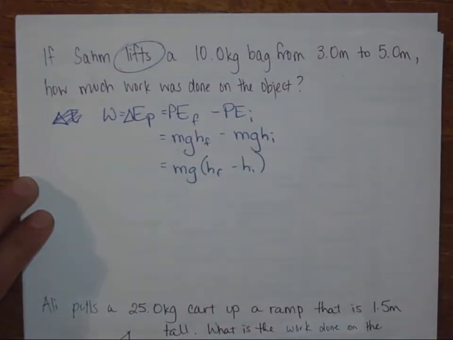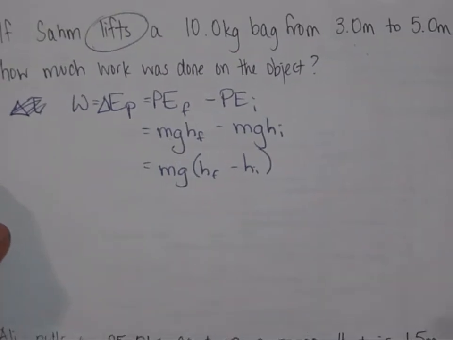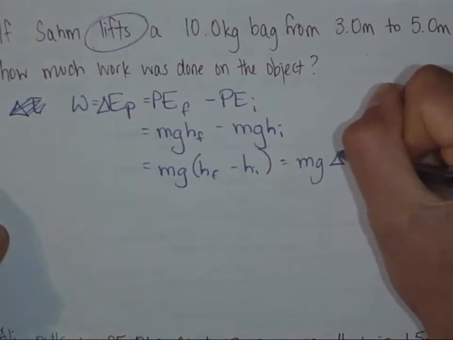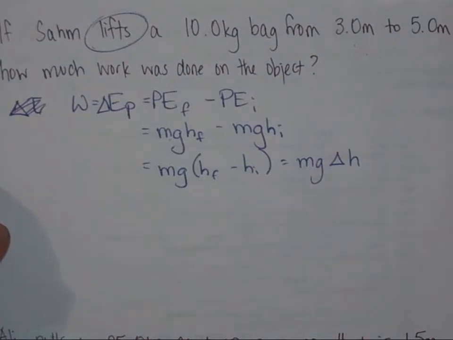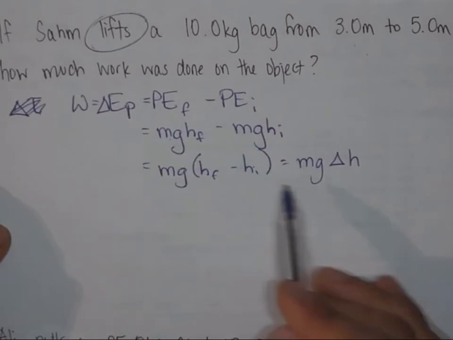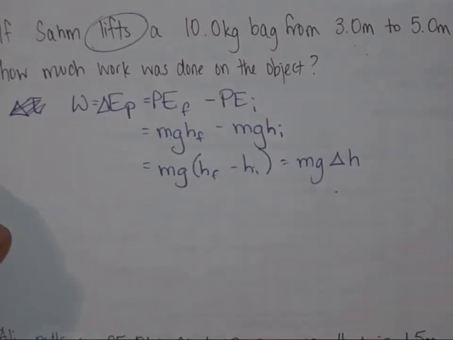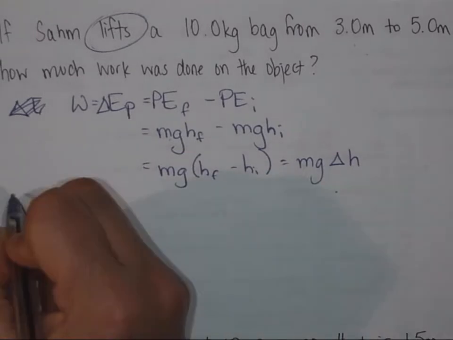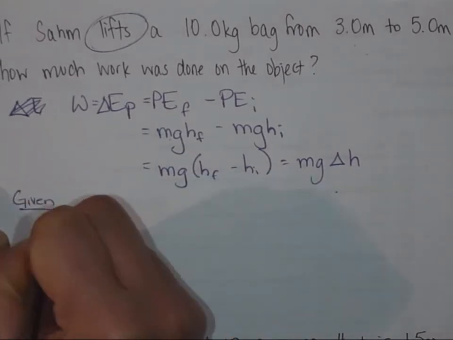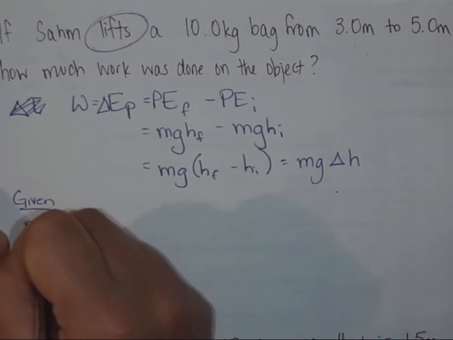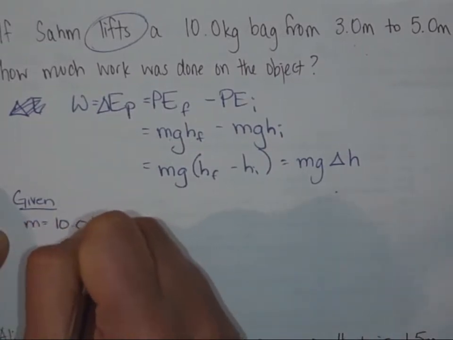You may actually even see this equation sometimes looking like mg delta h. That is a way to simplify something like this into showing us all the variables that you're actually going to need to deal with. So in this case, let's see if we're actually given any of that information. We are given the mass, and we're given that mass in kilograms, which is exactly what we want.